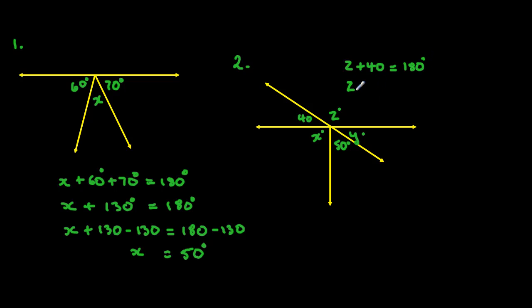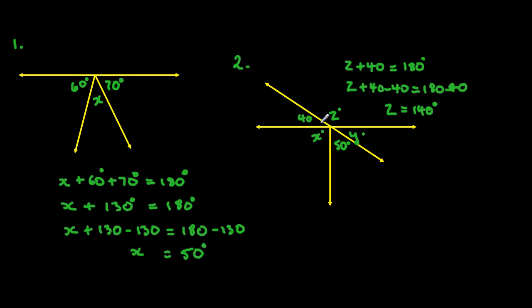So if we subtract 40 from both sides, 180 take away 40, we end up with z being now 180 take away 40 is 140 degrees.